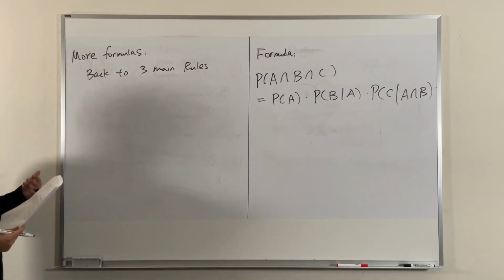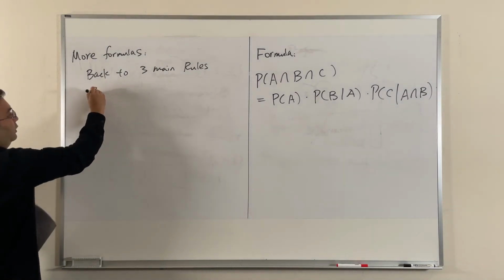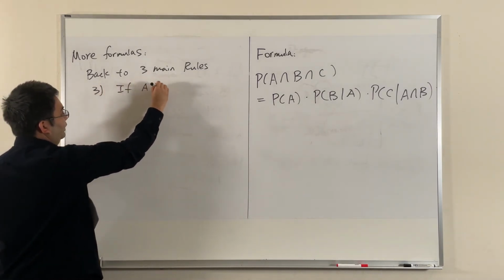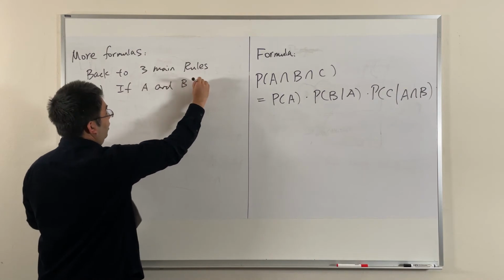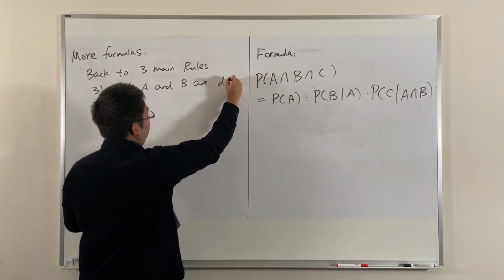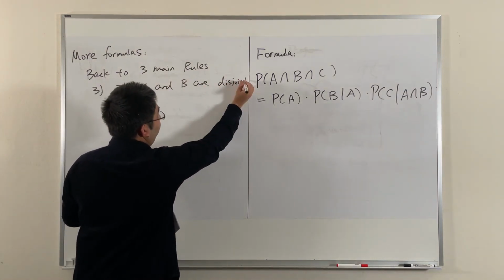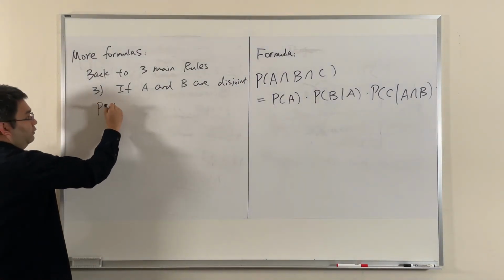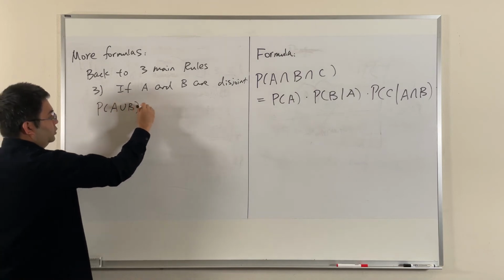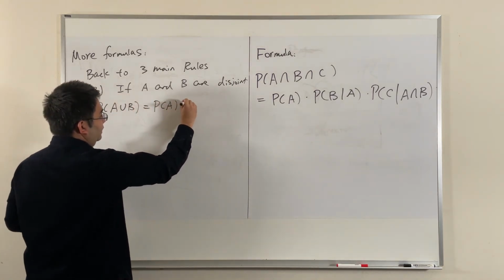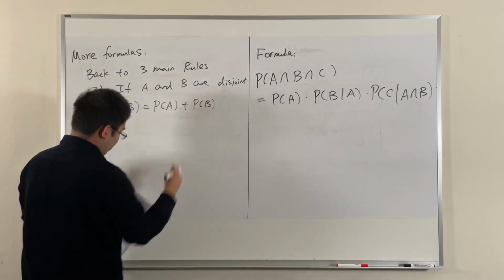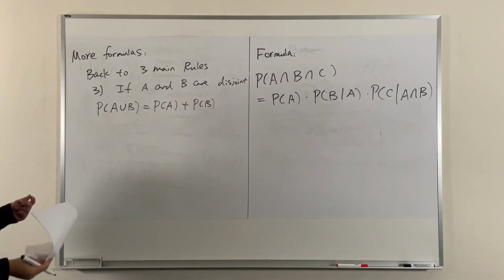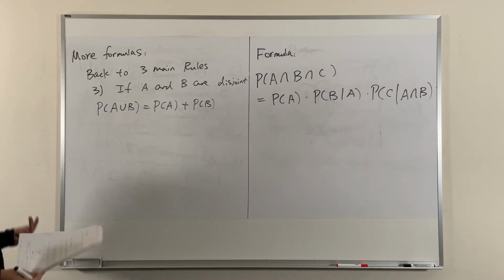Remember that we discussed the third one, where if A and B are disjoint, then the probability of A union B equals the probability of A plus the probability of B. Okay? But usually we don't get them to be disjoint. What if they're not disjoint?